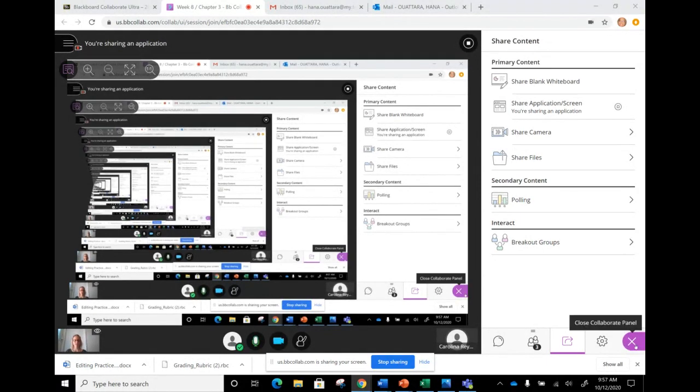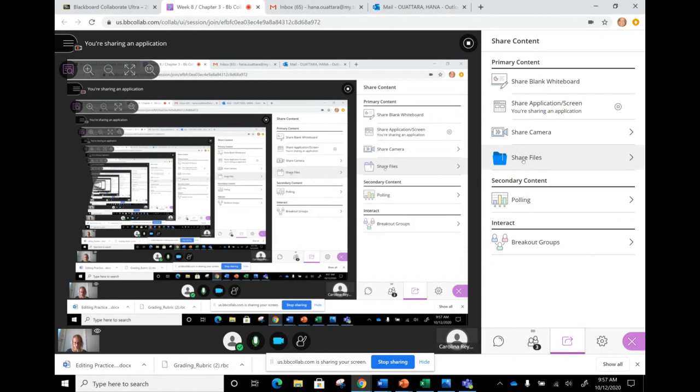So you open it with the purple control panel, and then you click on this box with the arrow, share files, and then you should be able to click on share your screen. Okay. That's one way to share your screen when you're giving a presentation here.